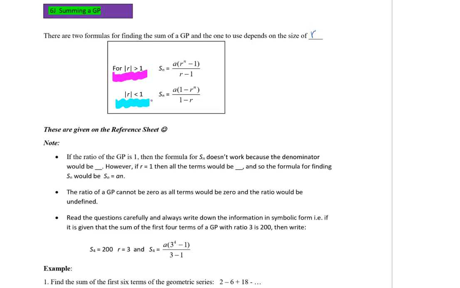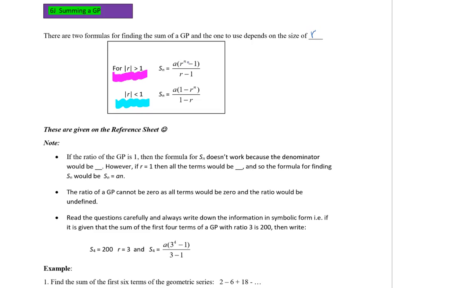So, they are the two formulas, and there's not much more to say other than identify the ratio, choose the right formula, and then be very careful.